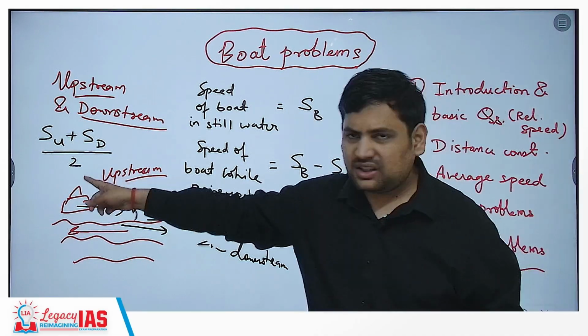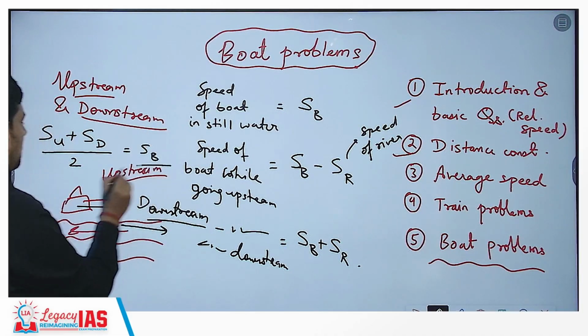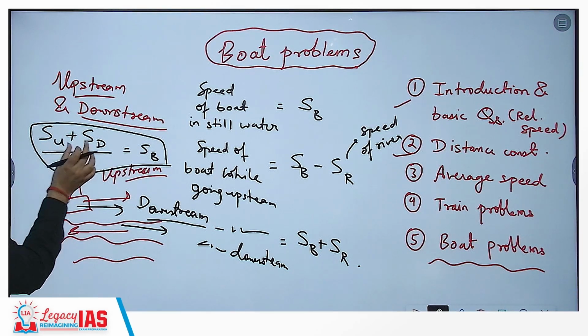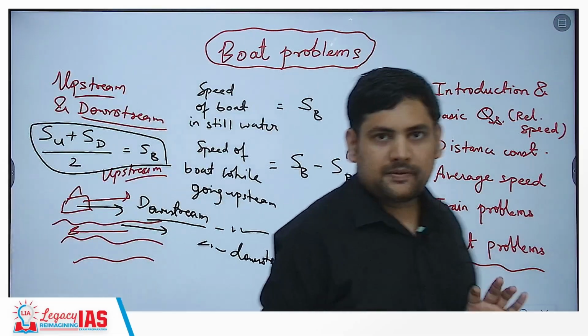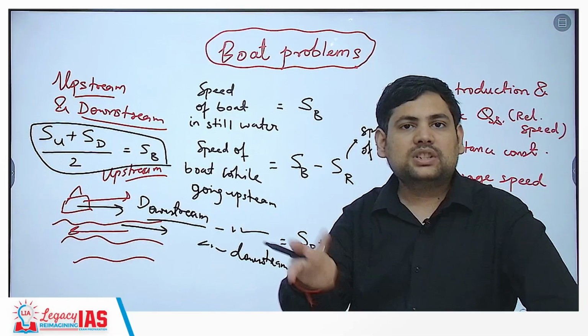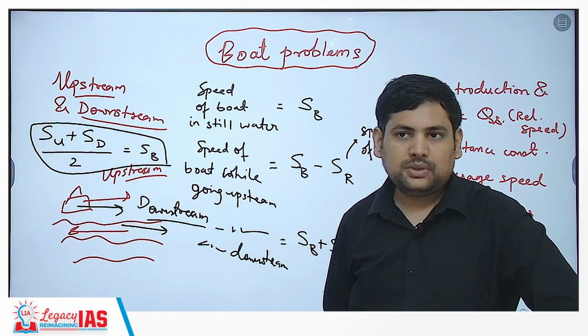Now if I send 2 there, you get this expression: speed of boat is equal to speed upstream plus speed downstream divided by 2. To calculate it faster, if upstream and downstream speed is given to you, you can add them both and divide by 2 to get the speed of boat.